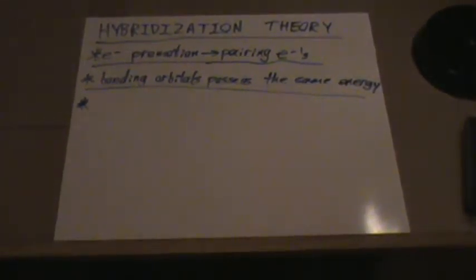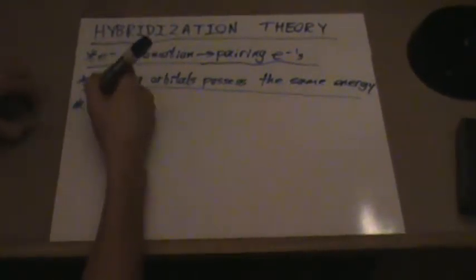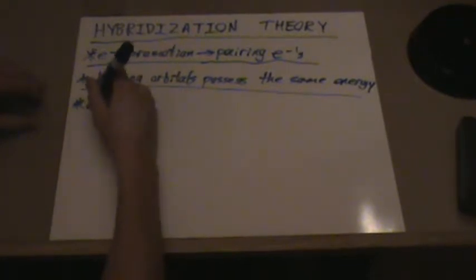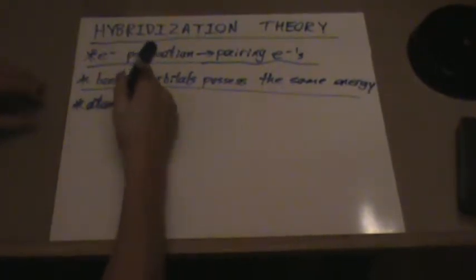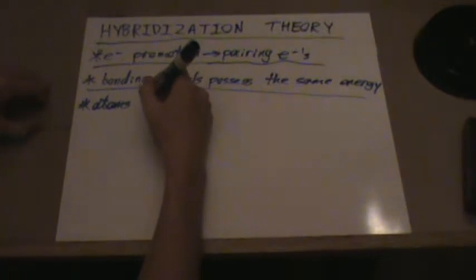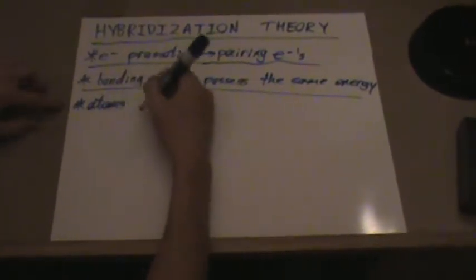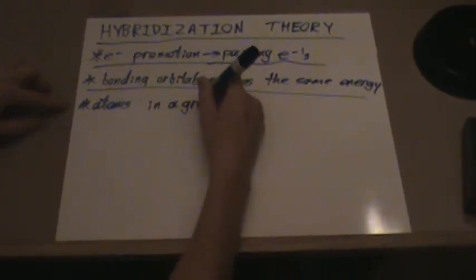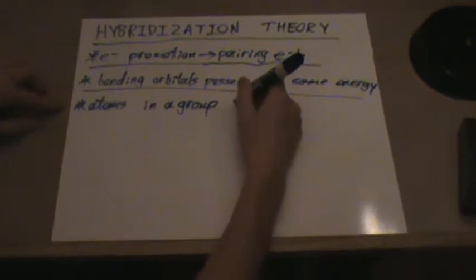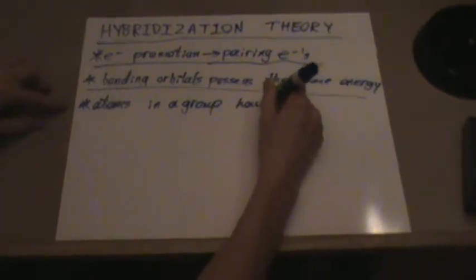And then finally, the last big rule. In the last video, we talked about it right at the end with boron and aluminium, where the atoms within the same group, I keep calling it family, atoms in a group have the same bonding behaviors.